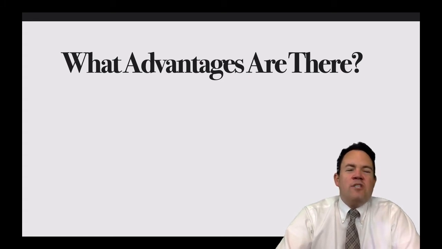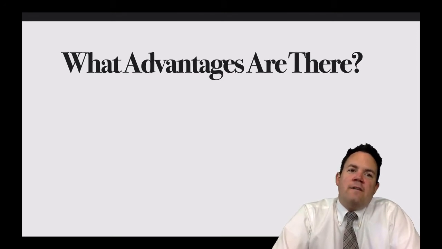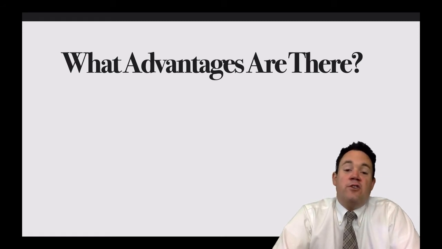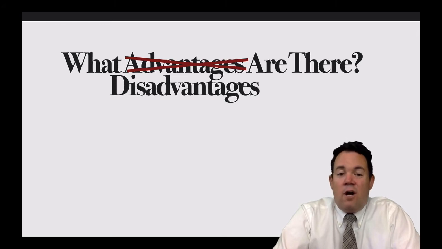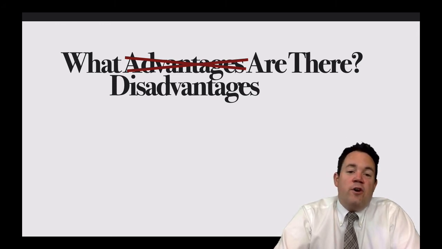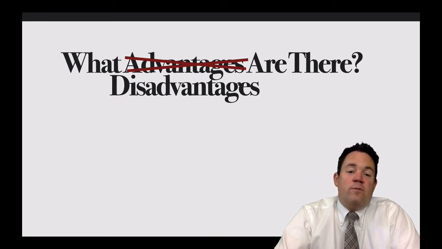But the question to you would be, what advantages do you find to such a well spelled out, this is what you're supposed to do, these are the things you're not supposed to do? And then the following question would be, what disadvantages are there? What dangers could there be in having things so well spelled out that there doesn't seem to be a whole lot of room for interpretation?